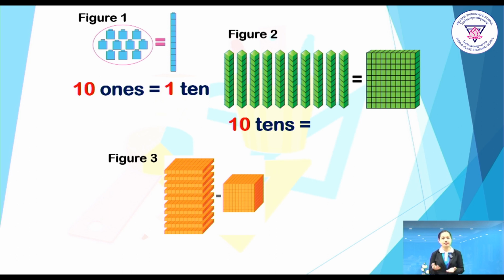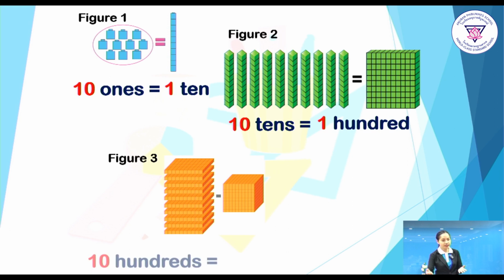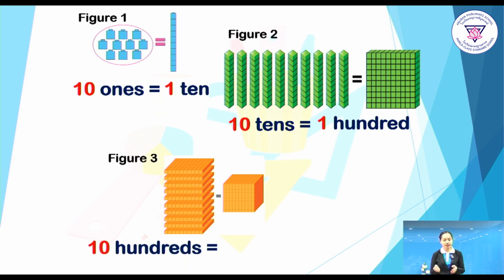The next one is, if you are going to group this 100 into 10, what is your answer? 10 hundreds make how many? 1,000. So we have finished figure 1, figure 2, and figure 3. Let's do the next step.